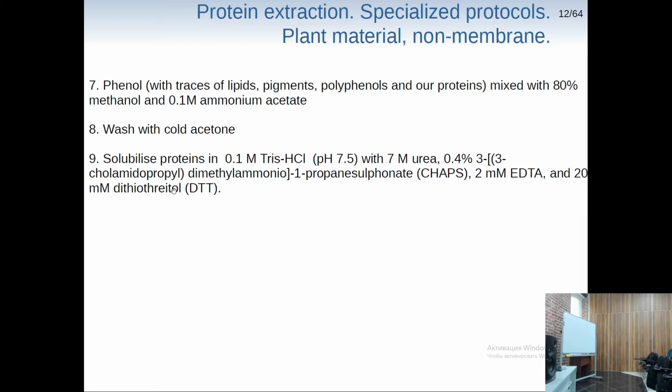As you can see, we have used methanol and ammonium acetate to precipitate our proteins. But what if our proteins are highly hydrophobic? Will they be precipitated from water phase by addition of methanol and ammonium acetate, or will they prefer to stay in the phenol phase?